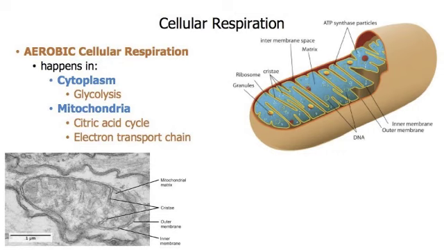The enzymes for the citric acid cycle are dissolved in the fluid within the mitochondria. Glycolysis and the citric acid cycle generate a small amount of ATP directly. They generate much more ATP indirectly via redox reactions that transfer electrons from fuel molecules to NAD+, forming NADH.